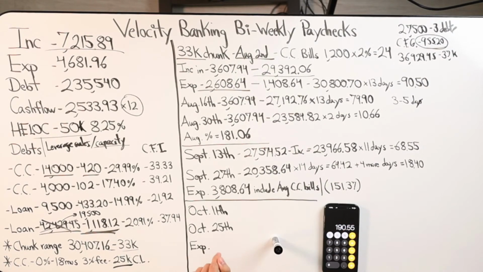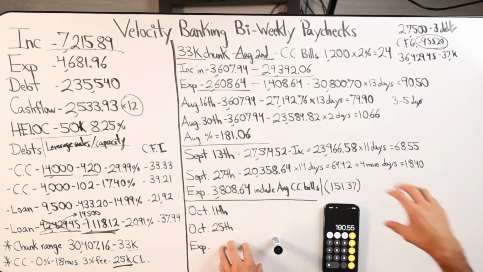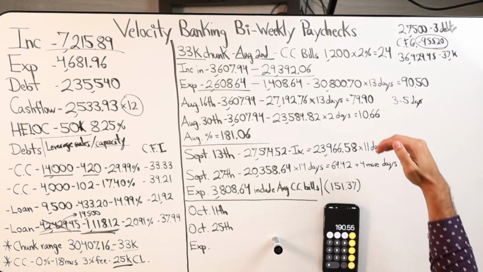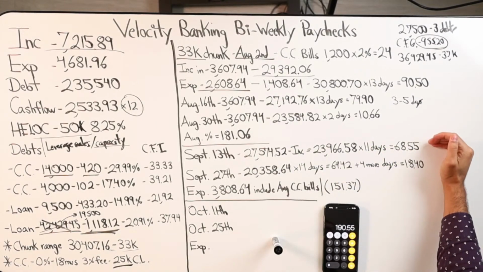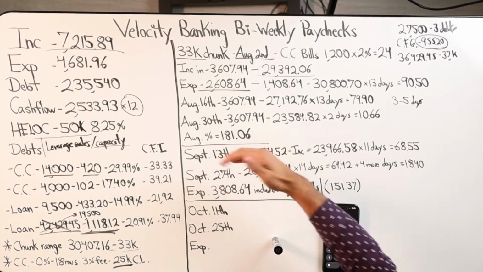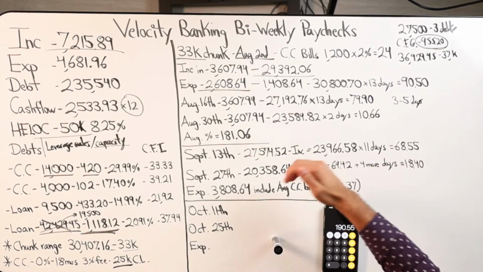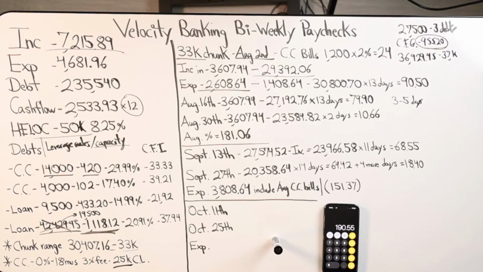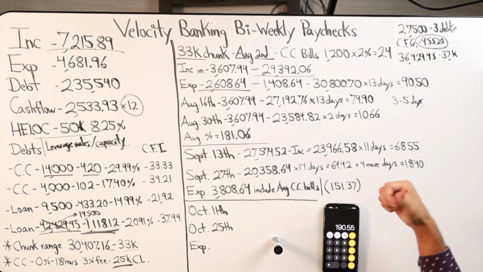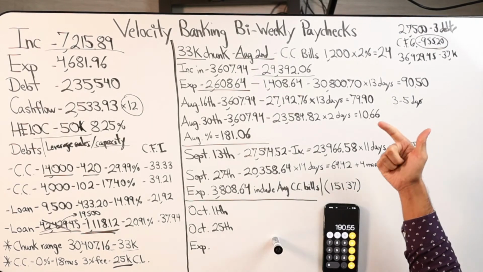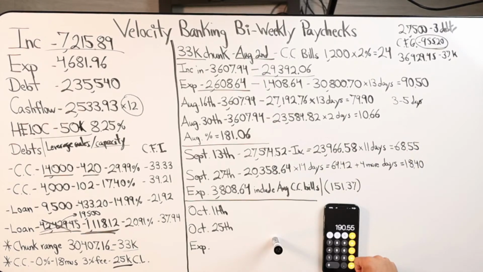So for the month of October, well, before I get to October, just closing out September, we had 11 days, $68.55. One paycheck went in on the 13th. A second paycheck went on the 27th. We paid 14 days of interest, right? $64.42. And then you have September 27, 28, 29, 30, right?